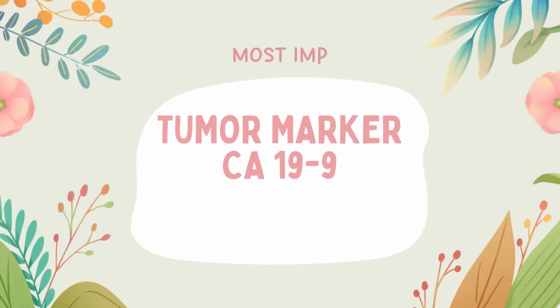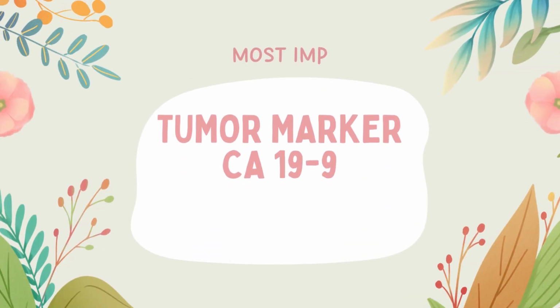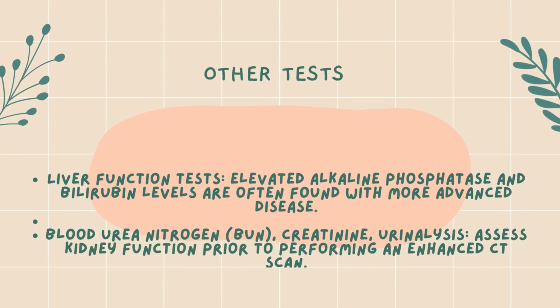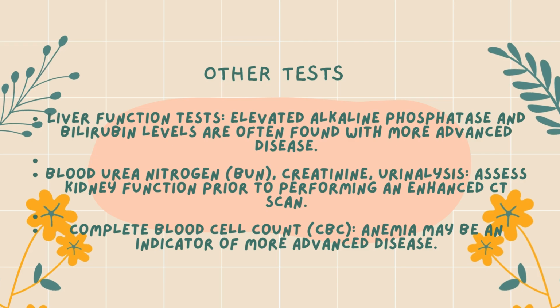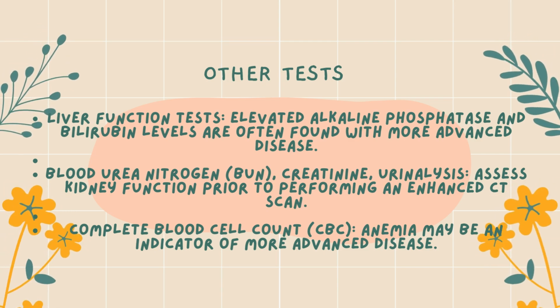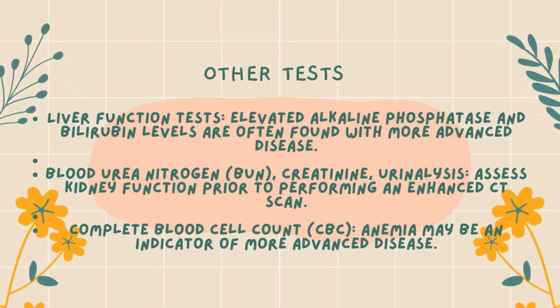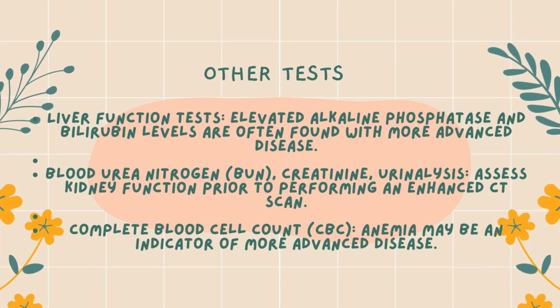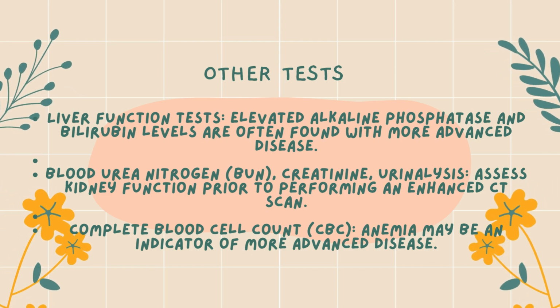The tumor markers CA19-9 or CEA levels are important, but these are not the initial investigations. The most initial investigations are LFTs, blood urea nitrogen, and CBC. CBC will reveal anemia, an indicator of more advanced disease.